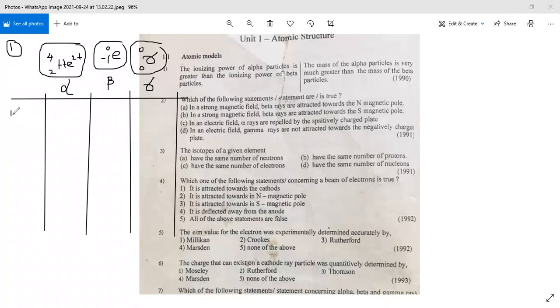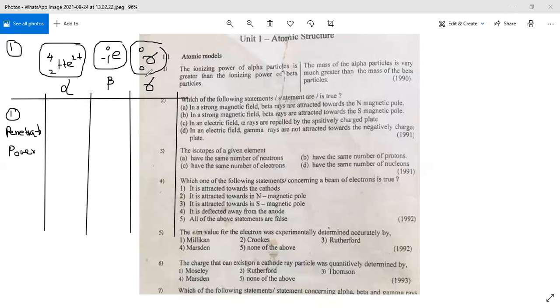First point is about penetration power. The only thing you should know is whether it is higher, medium, or lesser.